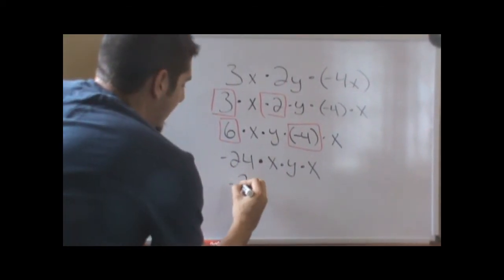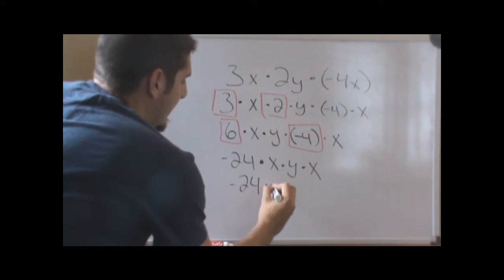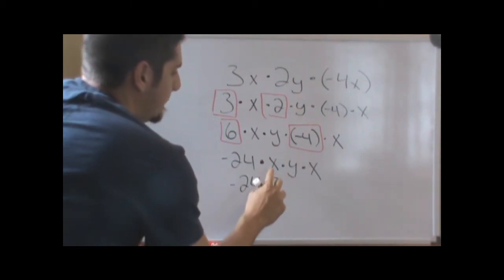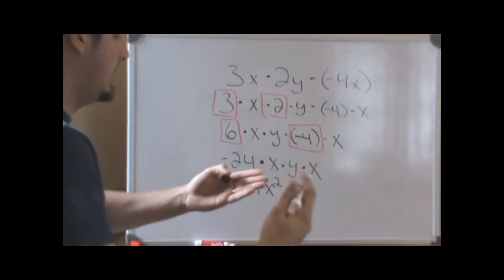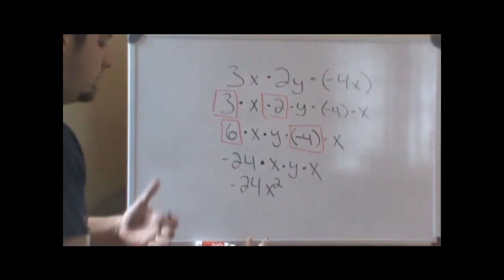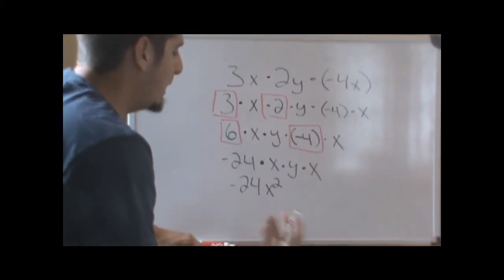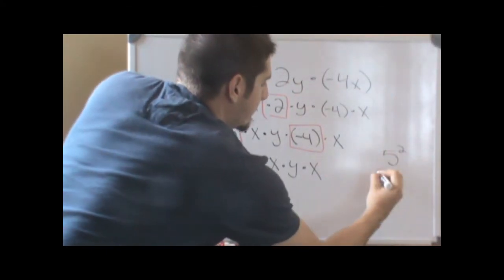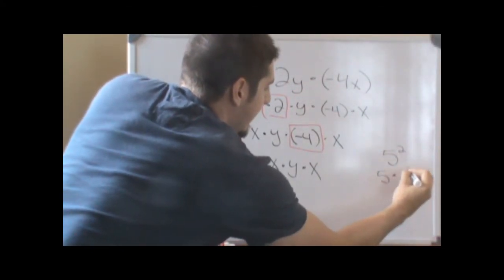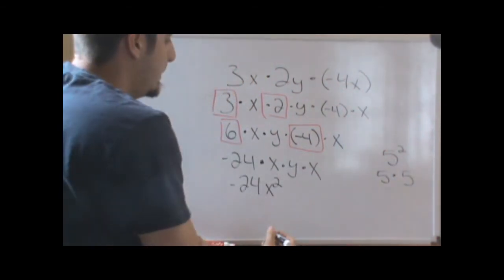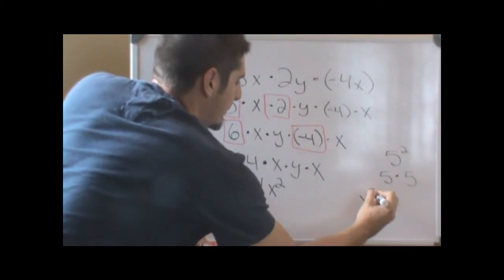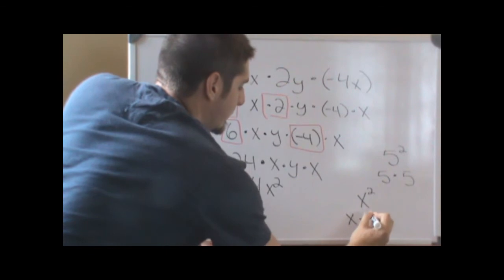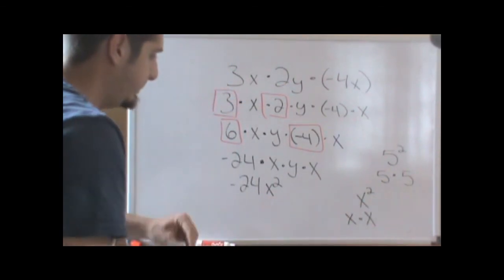So I can write this as negative 24 x squared. I took x times x, which would make x squared. Because if you remember the way exponents work, 5 squared means 5 times 5, so it would make sense that x squared means x times x.